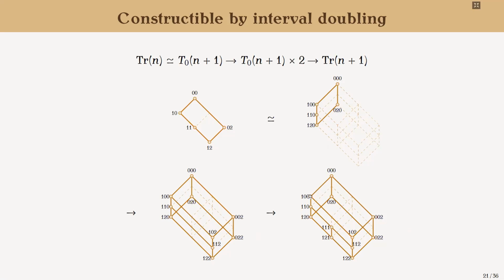And the last step is doubling this interval in T0, so 1, 1, 0 and 1, 2, 0, by changing the last letter 0 by 1, and we obtain 1, 1, 1 and 1, 2, 1. And we can see that we obtain the Hochschild lattice of size 3.